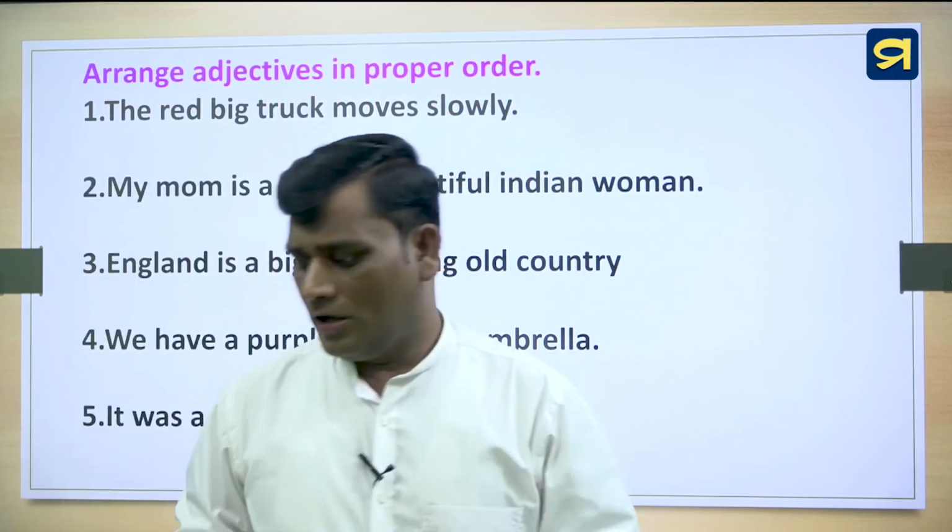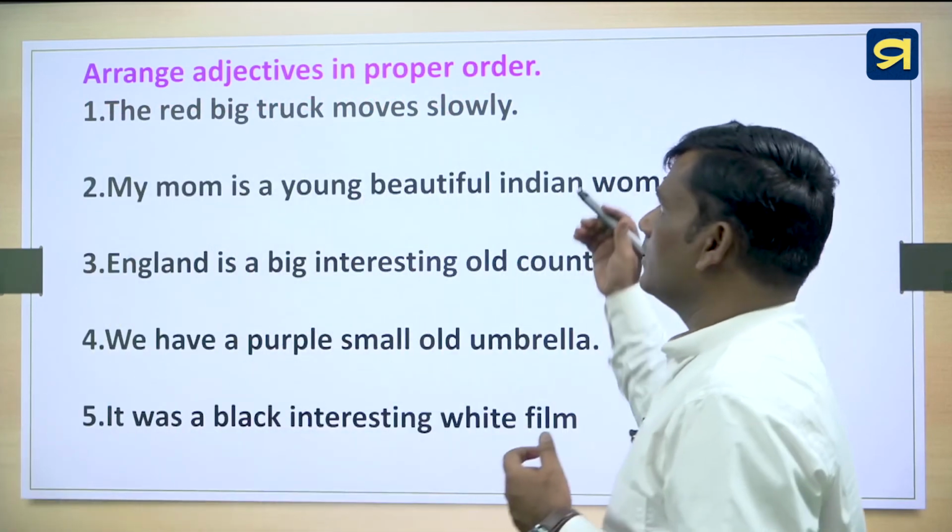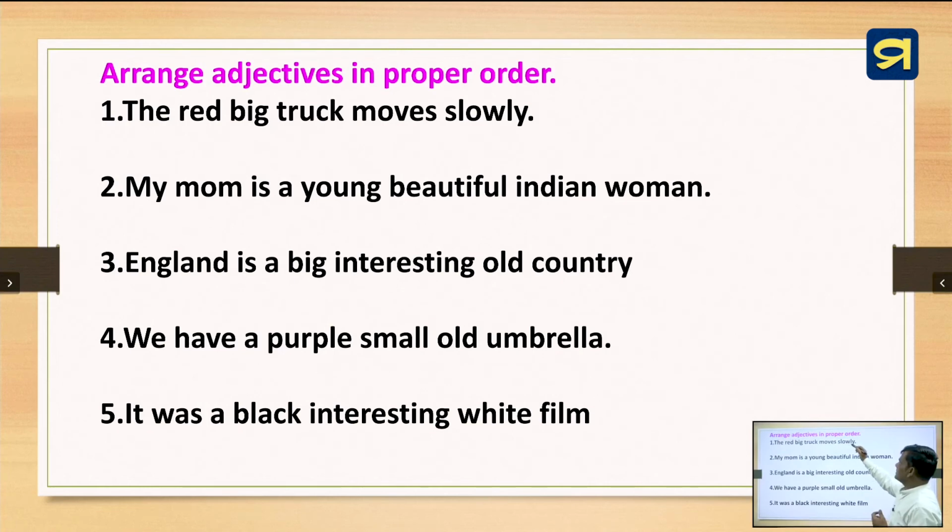Now children, look at the projector. Arrange adjectives in a proper order. There are some questions and the adjectives are not arranged properly. We have to arrange them. Look at: the red big truck moves slowly. Here red and big, two adjectives are there, but they are not arranged properly.